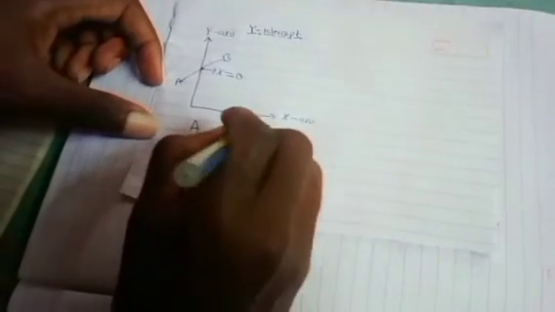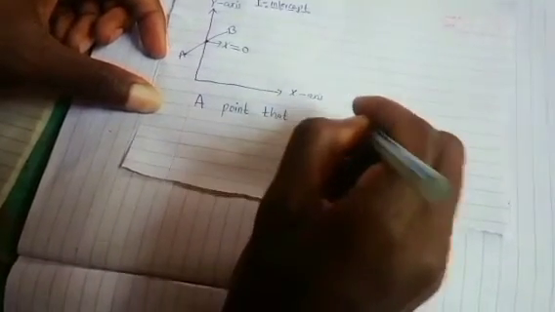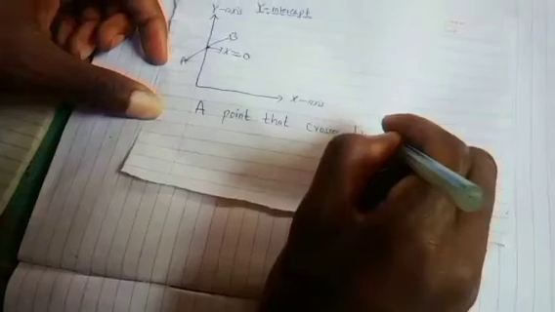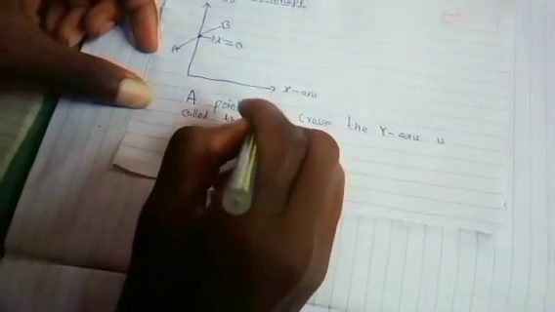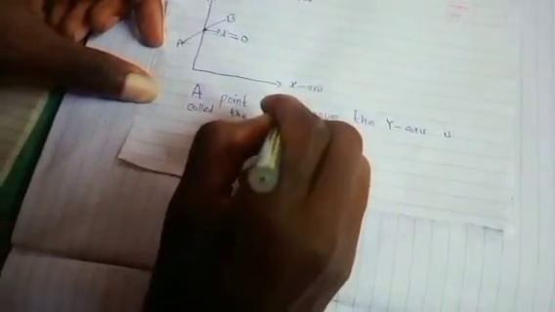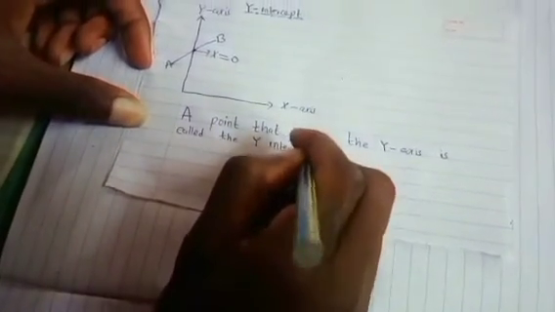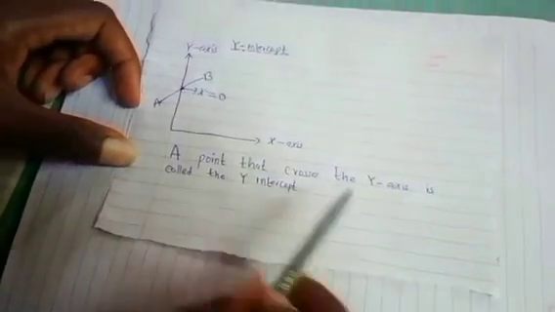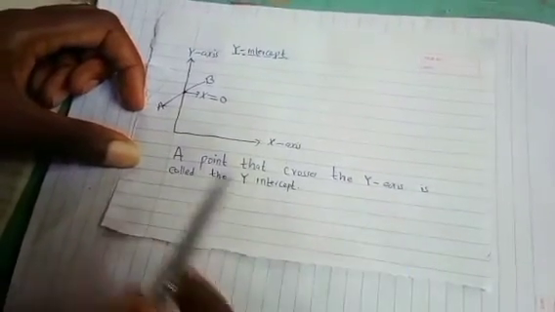So let's define the y-intercept. We are saying a point that crosses the y-axis is called the y-intercept.